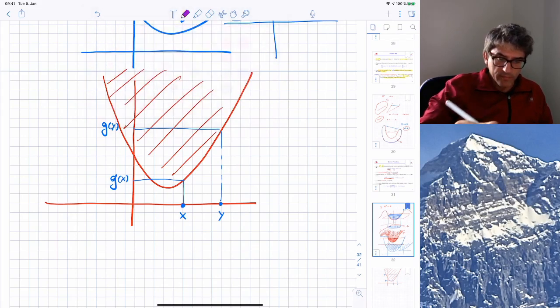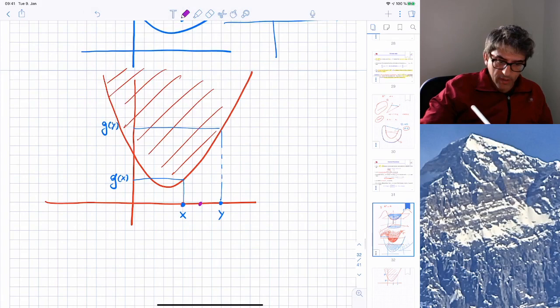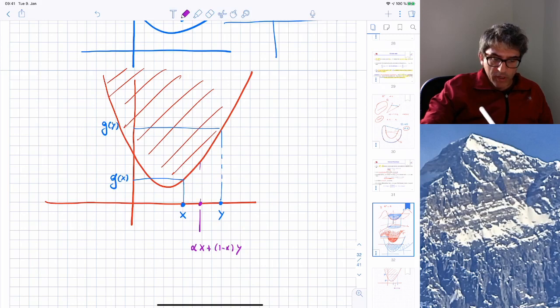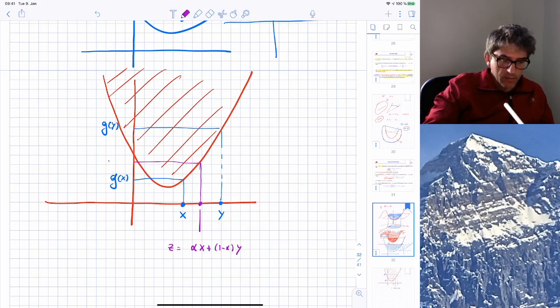So I consider a point here, alpha x plus 1 minus alpha y. This is simply any point in the joining segment. So I pick a point in the middle here, but it could be any point in the segment. Let's call this point z. This will be g of z, right?